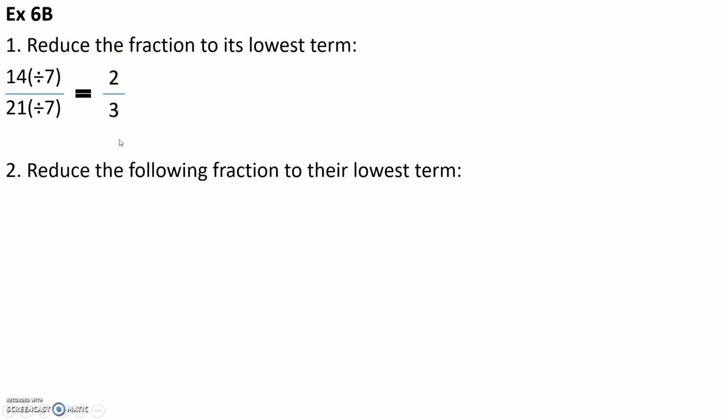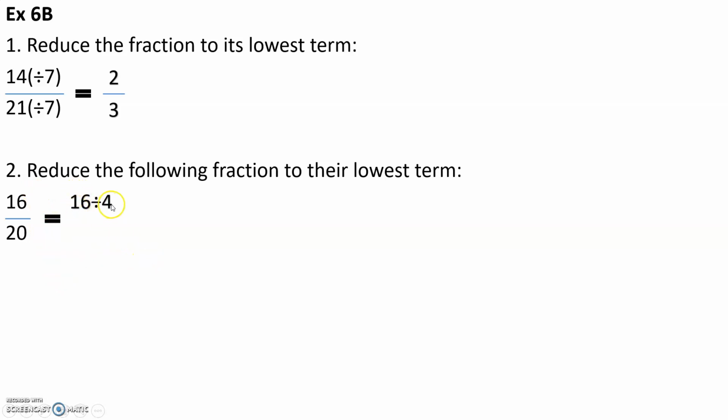Next one, reduce the following fraction to the lowest term. In the previous question, they had given us the number to divide by, and in this question, we have to find the number. So 16 upon 20. Now as you know, 16 and 20 both come in the 4 ka table.